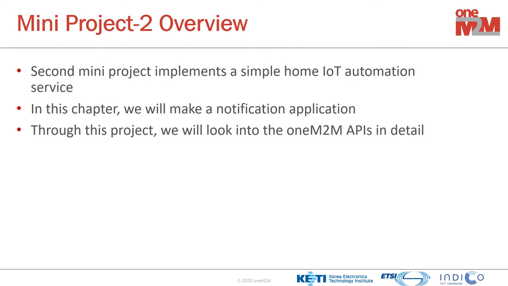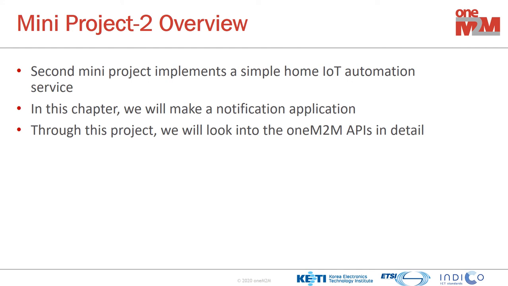So that's the home automation. For example, depending on the sensor measuring value, such as temperature or humidity, we turn on something. And to do that, of course, we can retrieve the sensor measurement every second, but since oneM2M provides a subscription notification feature, we are going to use that one in this mini project.